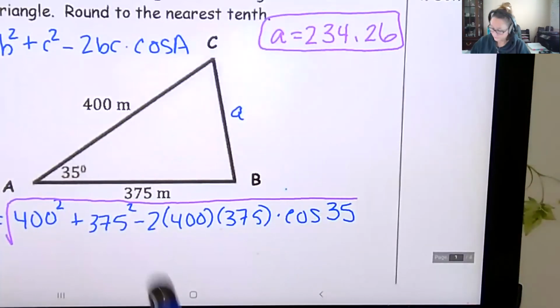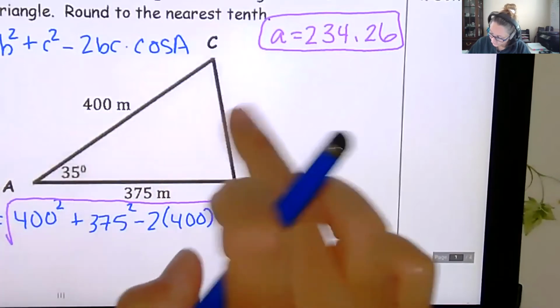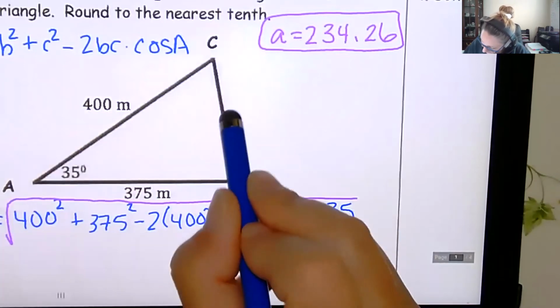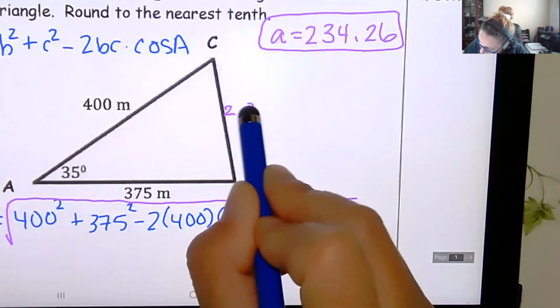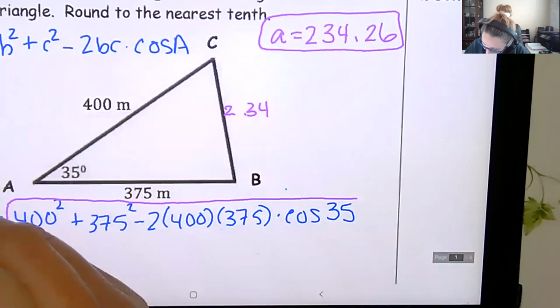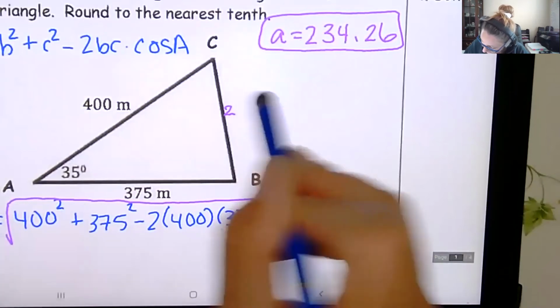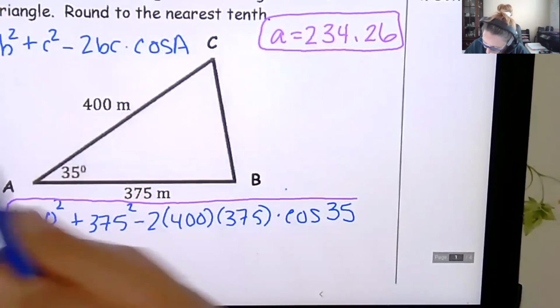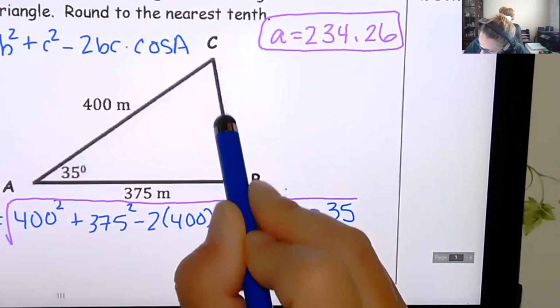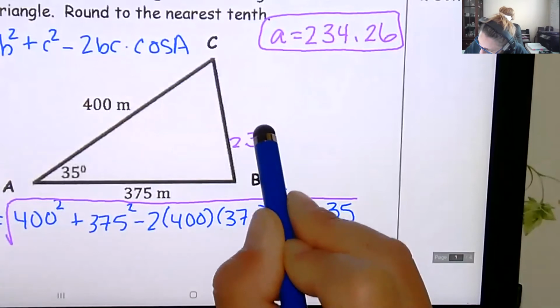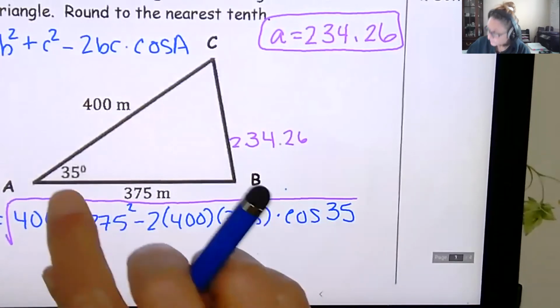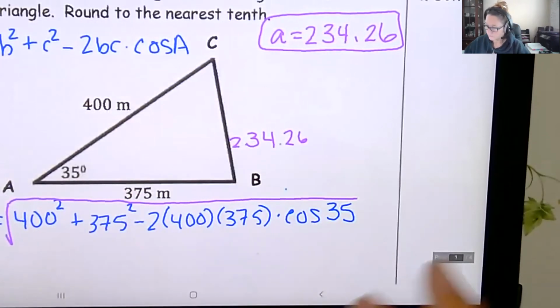Okay, now I'm going to find everything else. I'll just kind of put it here so I've got space to write 234.26. So I'm going to use law of sines. Okay.